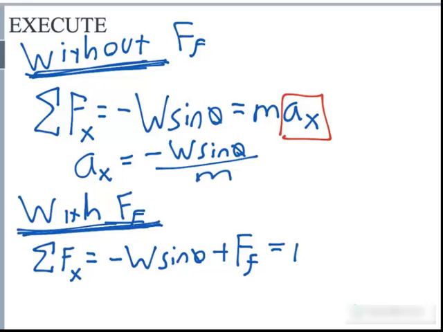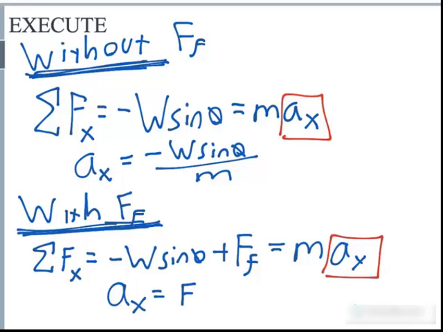And that's going to equal the mass times the acceleration of the entire system. So now if we do a similar method and solve for a sub x, we will get F_f minus w sine theta, and all of this will be divided by the mass.